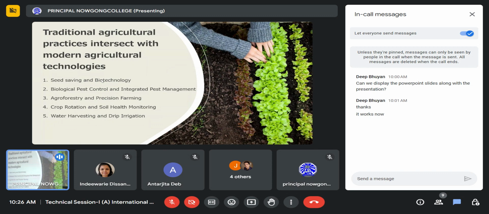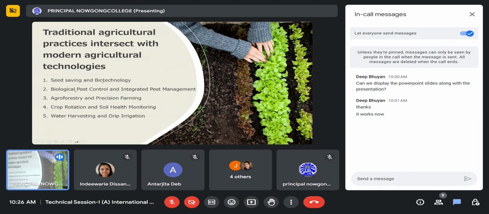So this practice is very much in alignment with modern biotechnology techniques such as marker-assisted selection and genetic modification, which aim to enhance crop traits such as yield, disease resistance, and nutritional content.